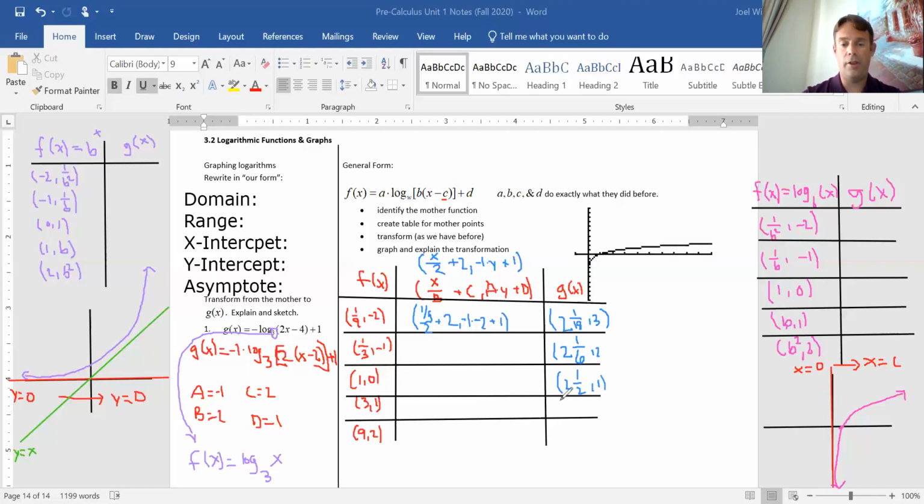Then I got 3.5, and I got 0. And then the last one I got was 6.5 and -1.